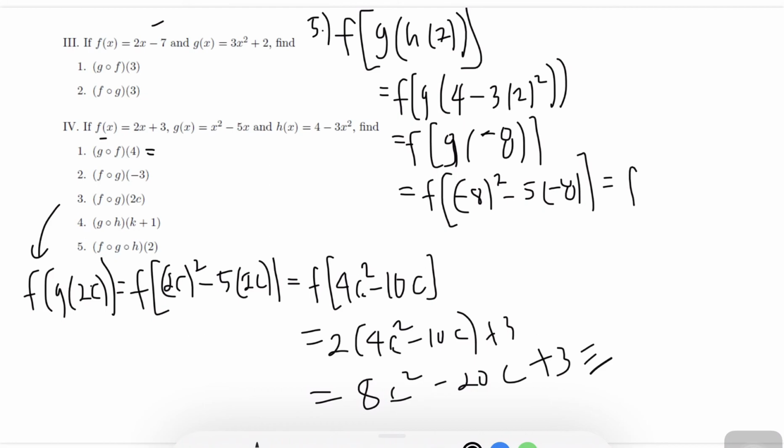This will become f of 104. Your f is 2x plus 3, so 2 times 104 plus 3, 211.